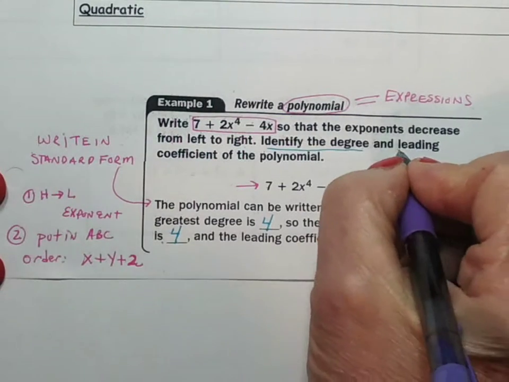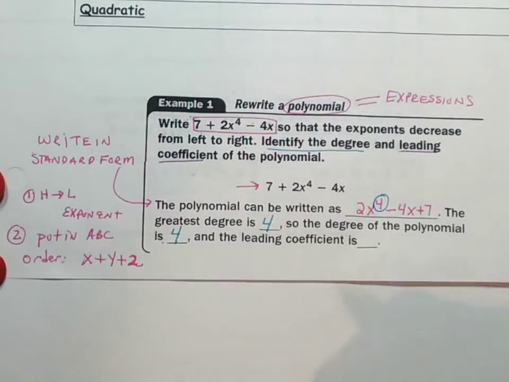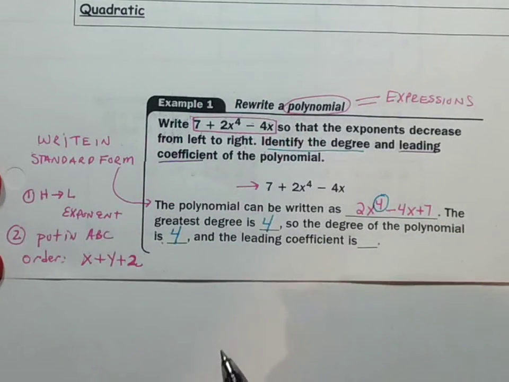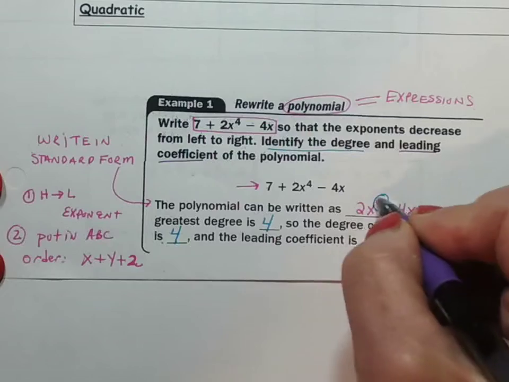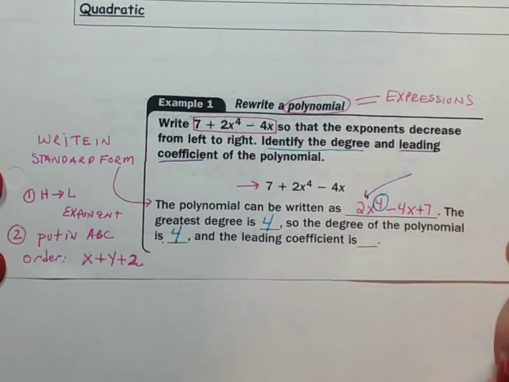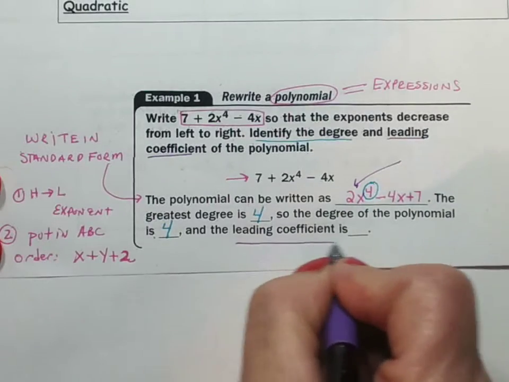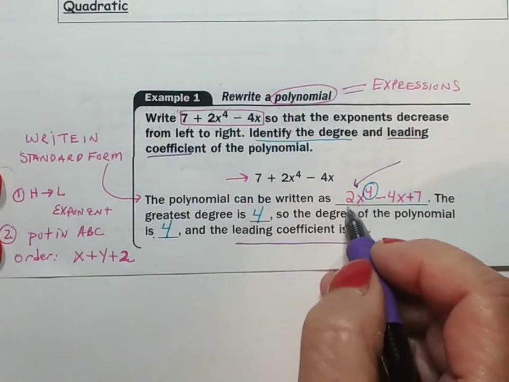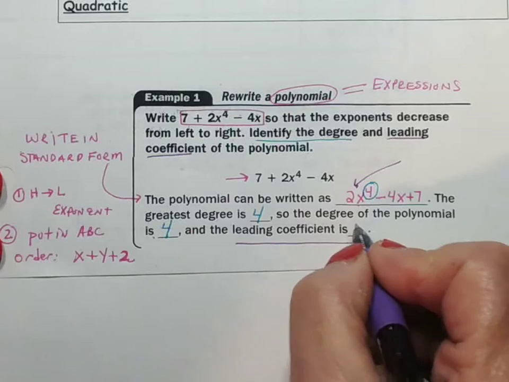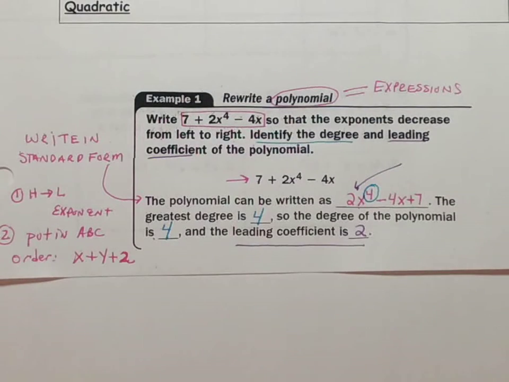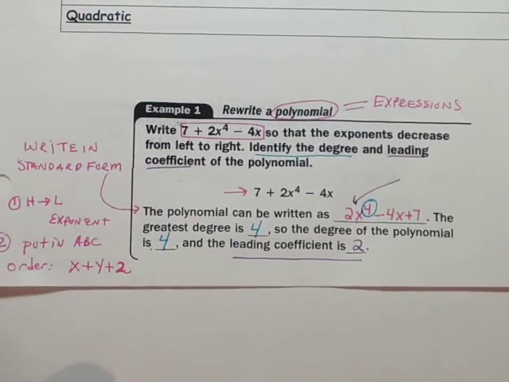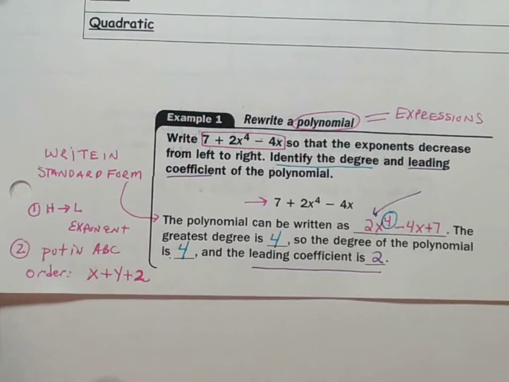And the leading coefficient is exactly what it says. If we have this in standard form, the leading coefficient is the one that's in front. That's a 2.